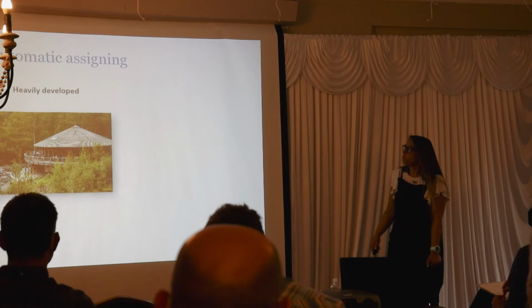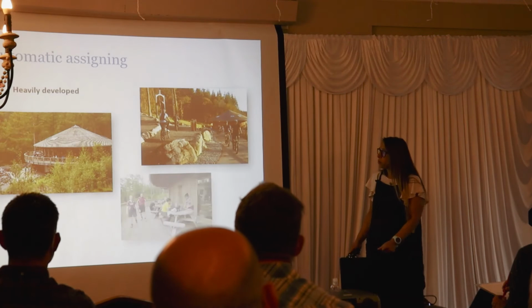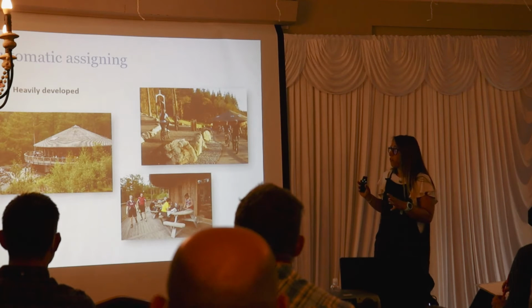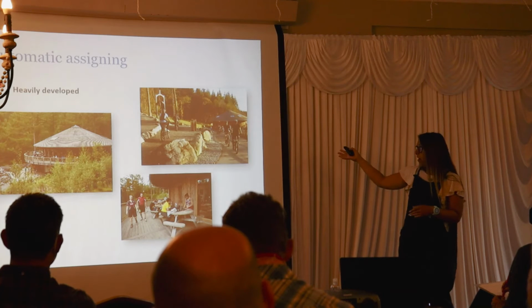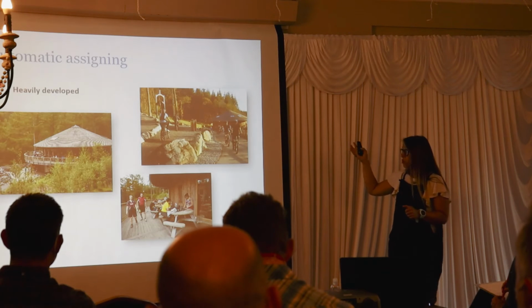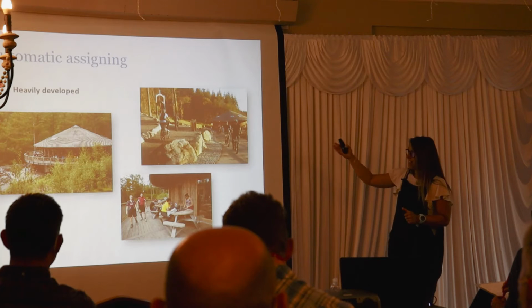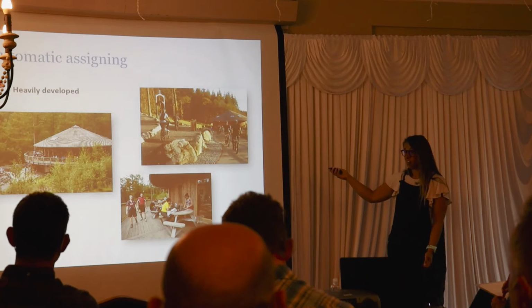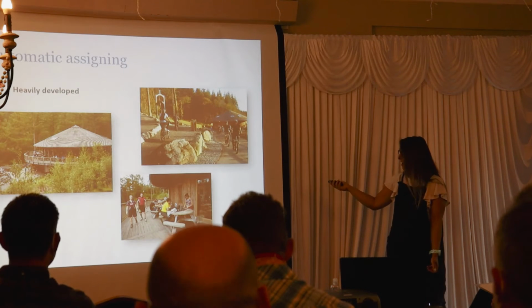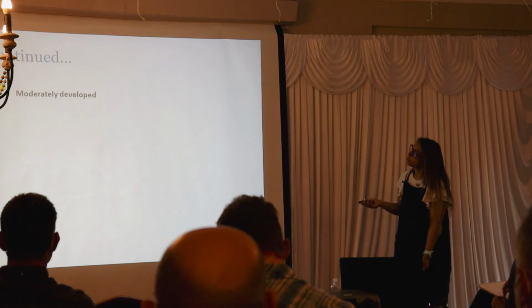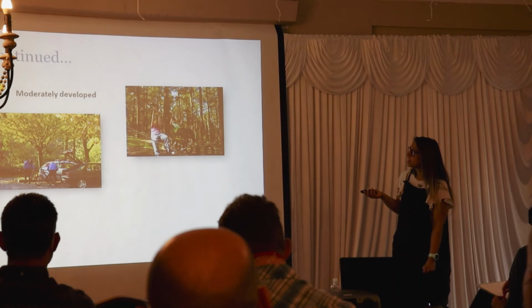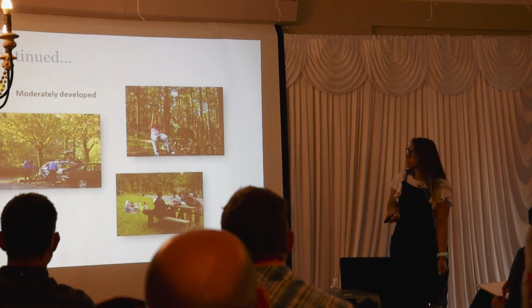So, using the existing data sets we've got, we've automatically assigned the polygons of, say, visitor centres, cafes, highly populated or used trails as heavily developed, or ones that are hard tarmacked tracks. The moderately developed ones we automatically assigned car parks, play areas and picnic areas.